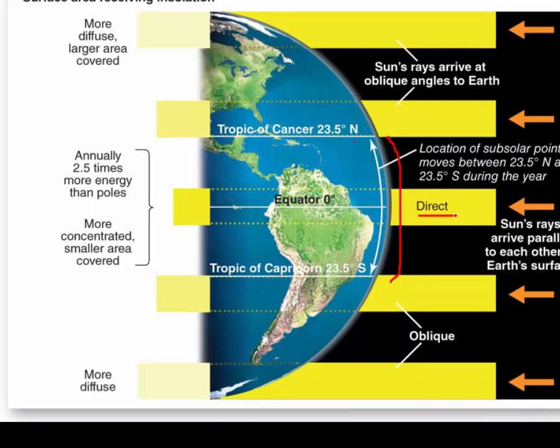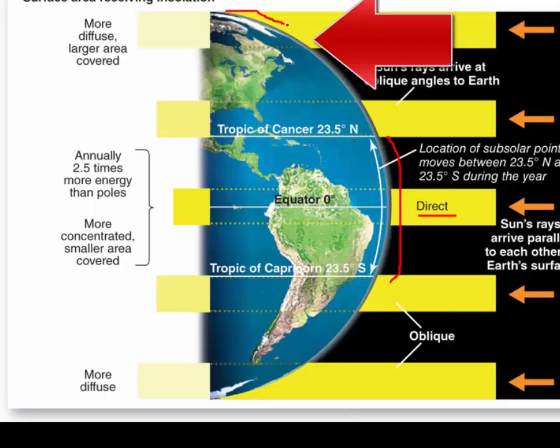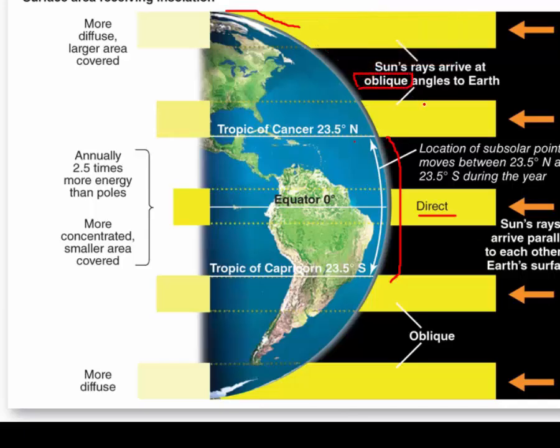So the more direct the sunlight, the more intense this energy is. Up here at the North Pole, the sun's rays are most oblique, meaning that they hit at an angle which deflects the intensity. Think of it as being hit by a baseball.